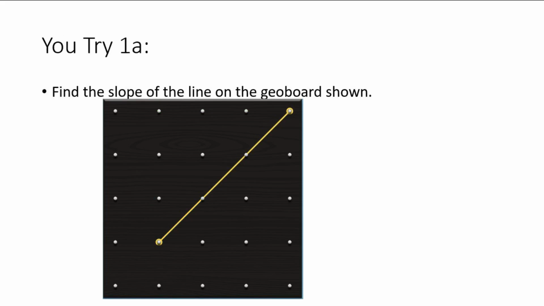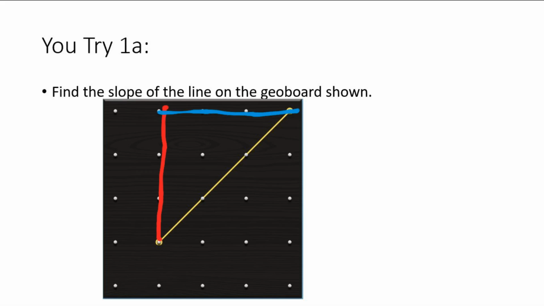So here's one for you to try. Go ahead and pause the video and try it on your own. Now that you've done that, let's do it together. So on this one, let's look at our rise. Our rise is this one. We're going up 1, 2, 3, and we're going over 1, 2, 3.